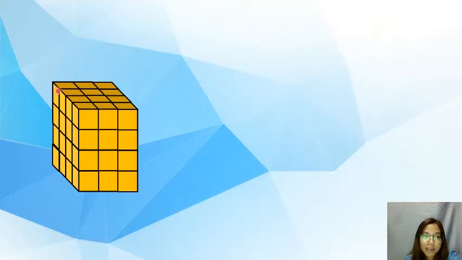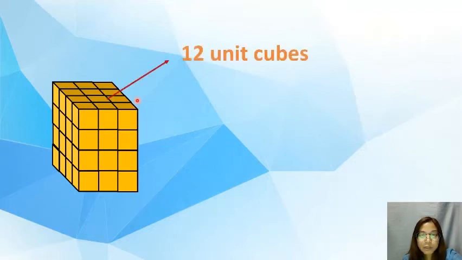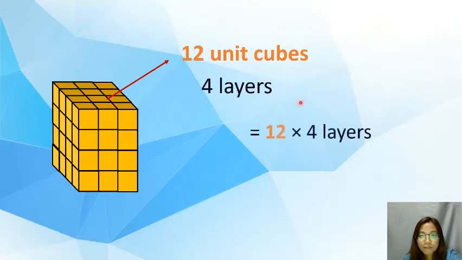So we have a rectangle here. Suppose again that the side is equal to 1 centimeter. So that's 1, 2, 3, 4, then times 1, 2, 3. So that's 12 unit cubes. How many layers? So 1, 2, 3, 4. So you have 4 layers. So that's 12 times 4 is equal to 48 cubic centimeters.